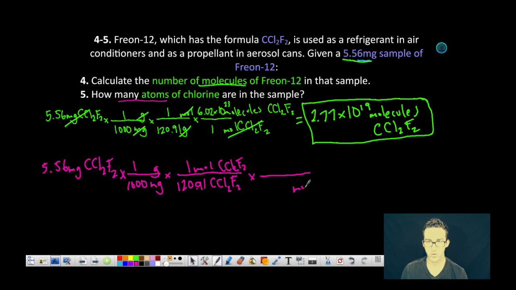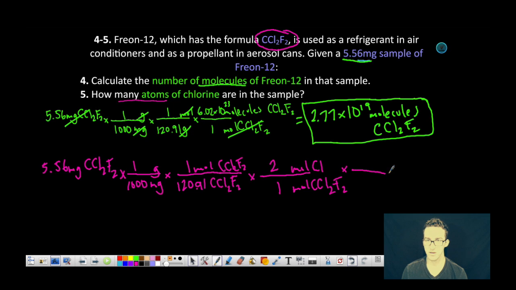We're going to go from moles of CCl2F2 to moles of Cl. And so as you look at your formula for CCl2F2, for every one of these, there are 2 Cl's. Again, that just comes from the formula that's given to us in the problem.